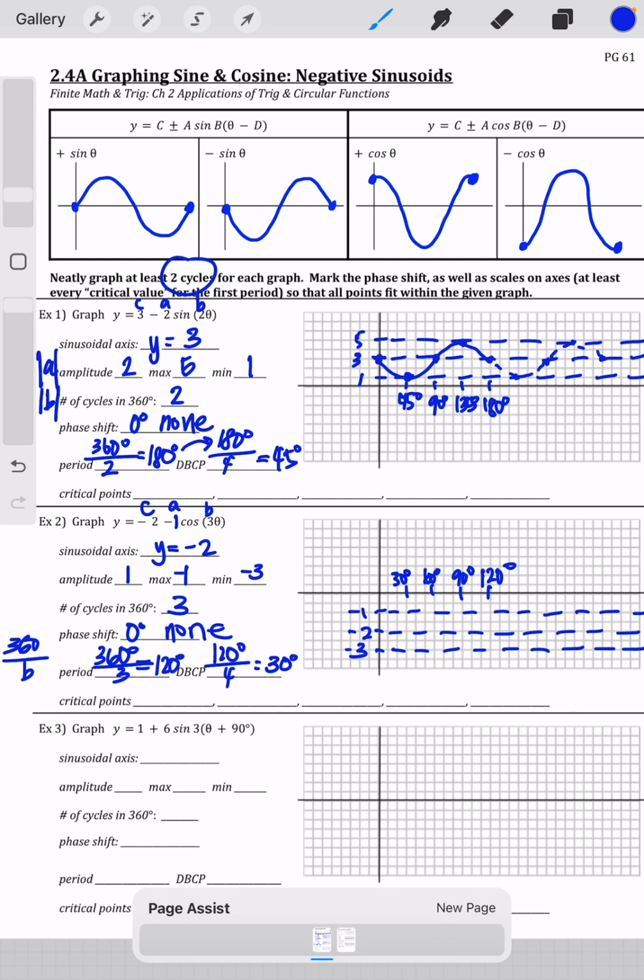Okay. So now, we know that cosine usually begins at the maximum, but because we have reflected it over the x-axis, or a vertical reflection, we are gonna begin down at -3. I'm gonna come to the midline, go up to the max, and then back to the midline, and then all the way down to the minimum.